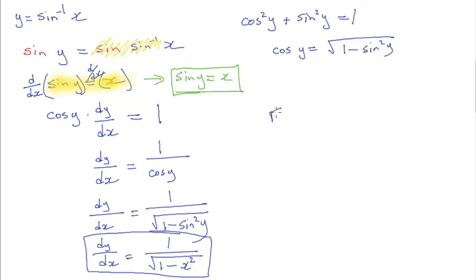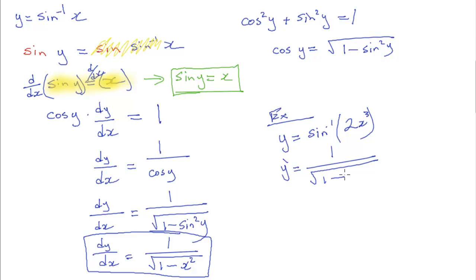Let's do an example of that. So the first example we can look at, let's say we had y equals the sine inverse of 2x cubed. Well, the derivative then, y prime, the derivative of sine inverse is here, so that's 1 over the root of 1 minus whatever is here squared.